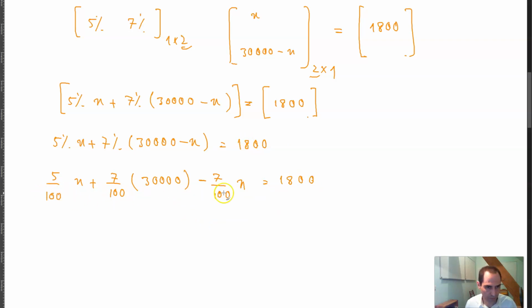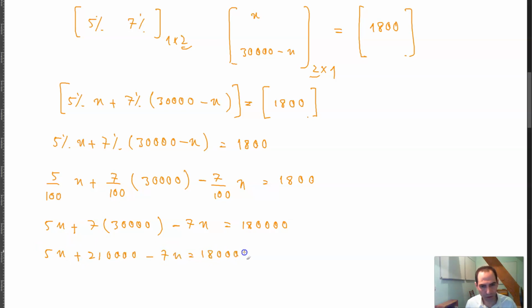Then to get rid of the hundreds in the denominator, multiply every term in the equation by 100, and you'll get 5x plus 7 times 30,000 minus 7x is equal to 1800 times 100, which is 180,000. That is 5x plus 210,000 minus 7x is equal to 180,000.